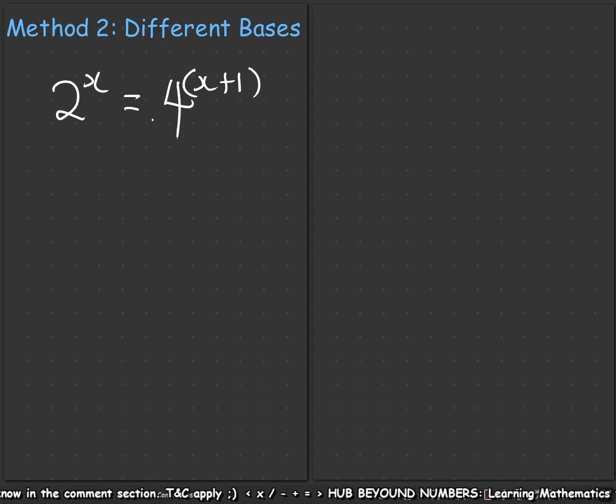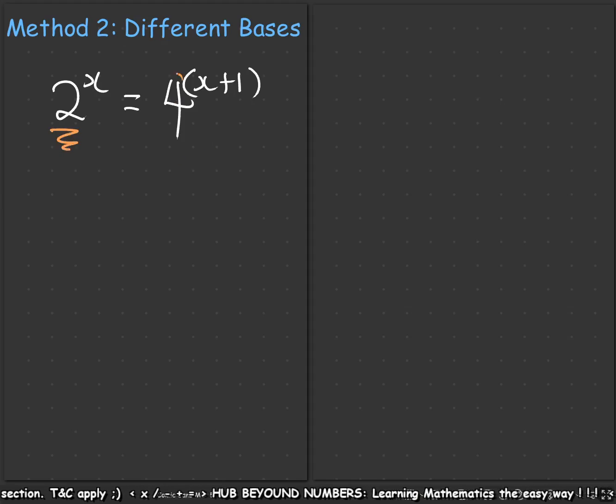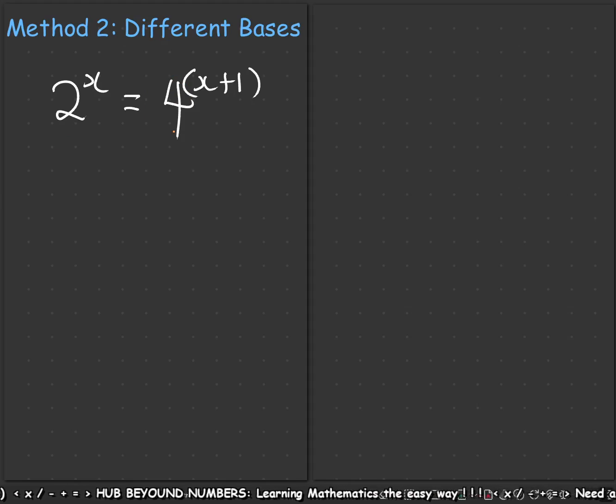Now, if you look at it carefully, our base here is 2, and that over here is 4. So we need to make the bases look the same. So with 2 and 4, which number can be rewritten so that it has a power and is evaluated as the other?